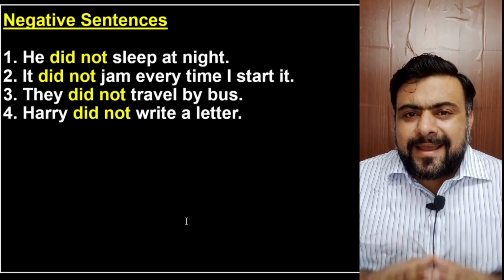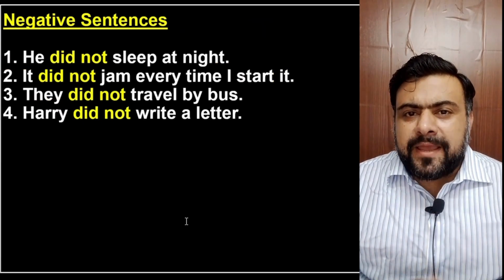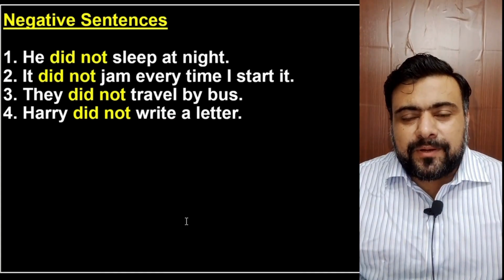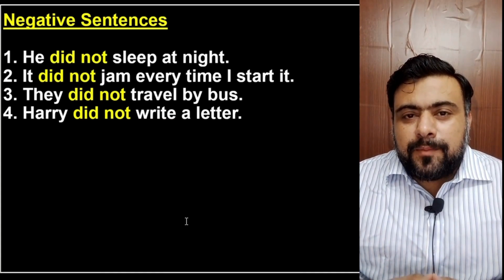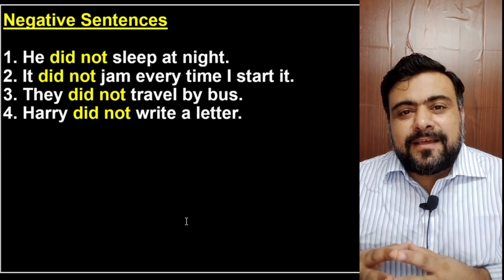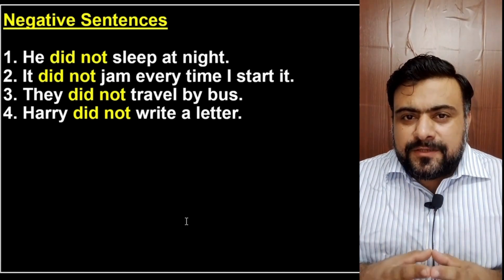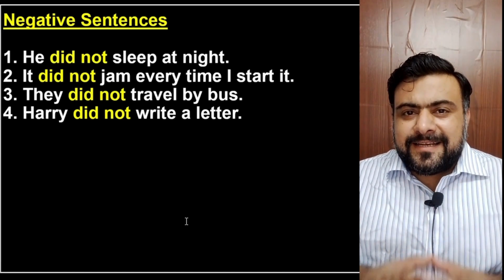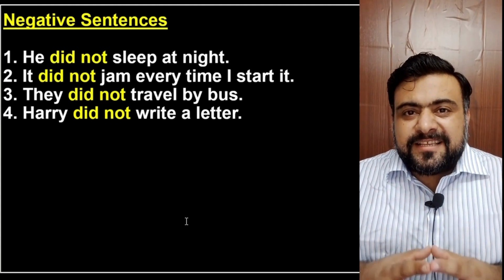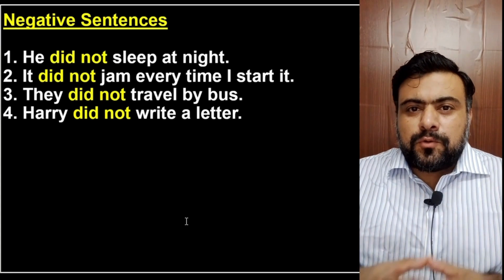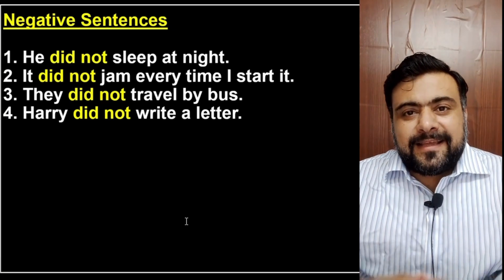Now, how are the negative sentences of this tense made? It's very simple. We simply put did not between the subject and the verb. But after putting did not between the subject and the verb, we will revert the second form of the verb to its first form and then the object.